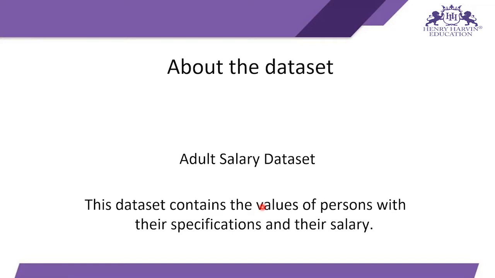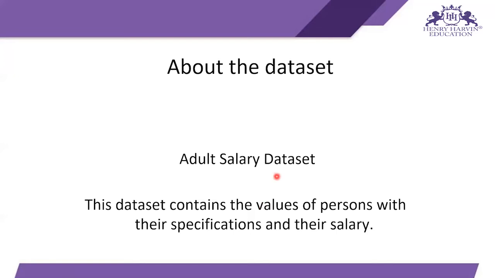Next comes the dataset. As you all know, pandas is used to deal with datasets. So here we're going to use our dataset to perform some operations. In this session, I'm going to tell you some operations in pandas which are useful to deal with the datasets you get. To do the operations, we're going to use this adult salary dataset.